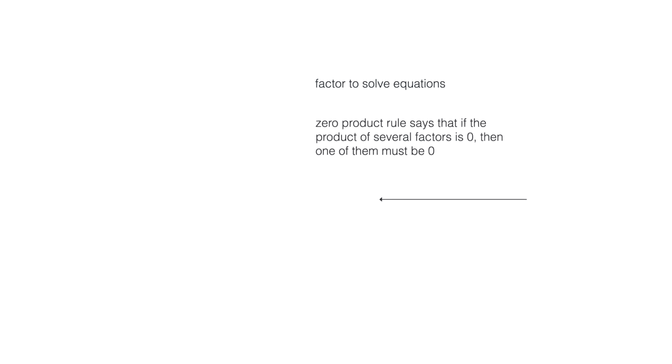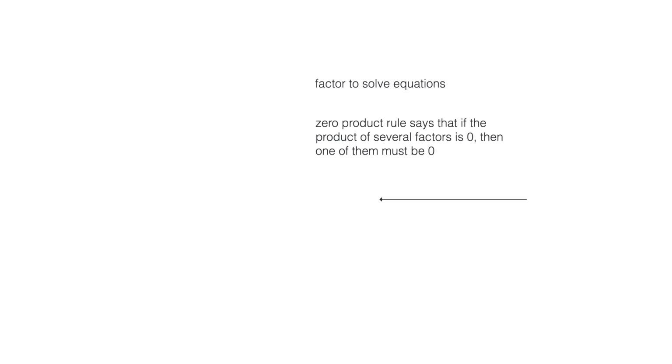The zero product rule says that if the product of several factors is zero, then one of the factors has to be zero. So we'll just solve for x, just like we did in the last one, where we shrunk it down and set x equal to whatever the other side was. It's the same thing with these.